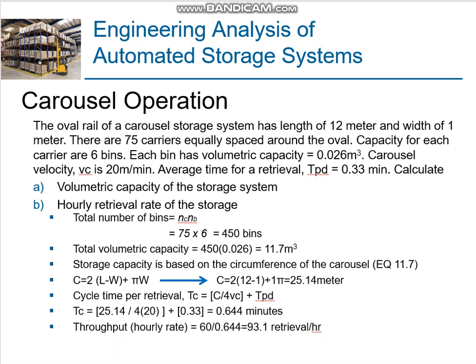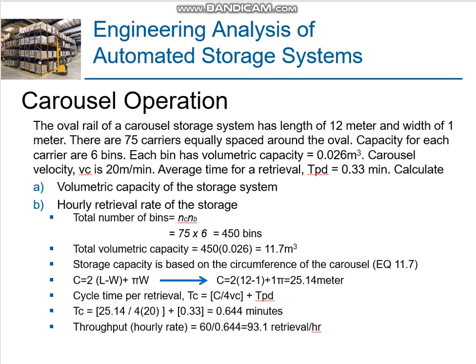Okay, let's see an example for a carousel storage system. The oval rail of a carousel storage system has a length of 12 meters and a width of 1 meter. There are 75 carriers equally spaced around the oval. The capacity of each carrier is 6 bins.